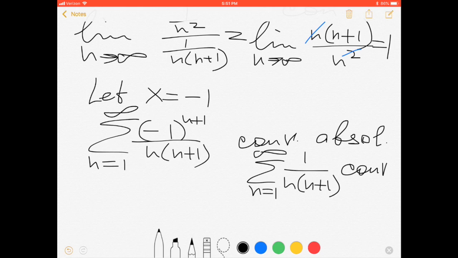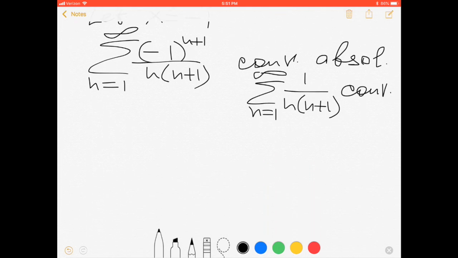We know this series converges. This means for the antiderivative, we have R equal to 1 and the interval of convergence is the closed interval -1 to 1.